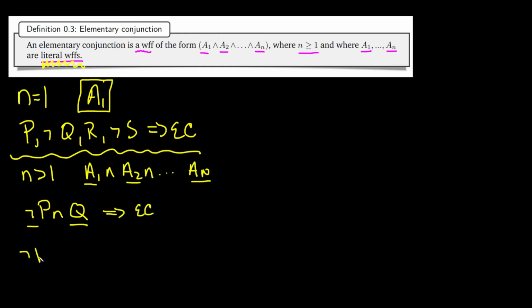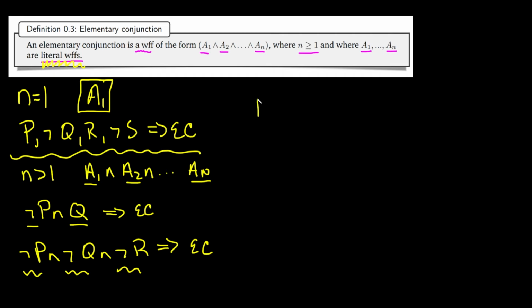Also take a look at, let's say, not P and not Q and not R. Notice each one of these conjuncts is a literal well-formed formula. And so this also would be an elementary conjunction. Let's look at one more example.